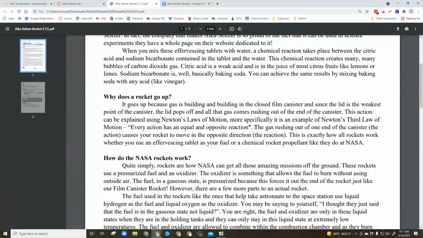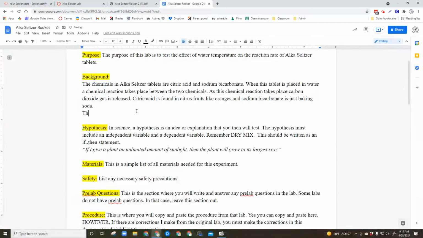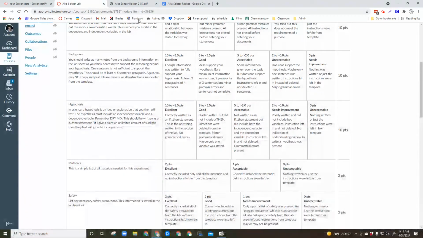All right, so I'm going to stop there, and I'm going to come over here and say this rocket works because of the concept of Newton's third law of motion, which states that, and I'm going to go back and look.